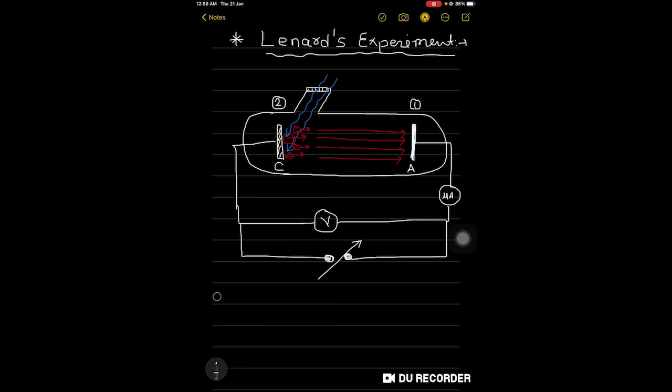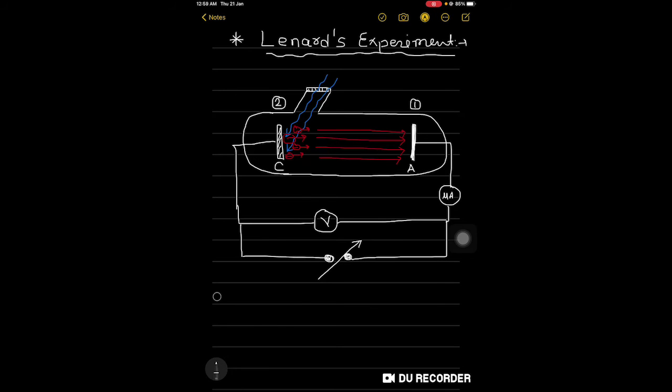These observations indicate that when UV light radiation falls on the emitter plate C, electrons are ejected from it, which are attracted towards the positive collector plate A by the electric field.